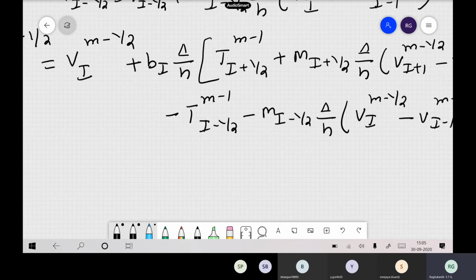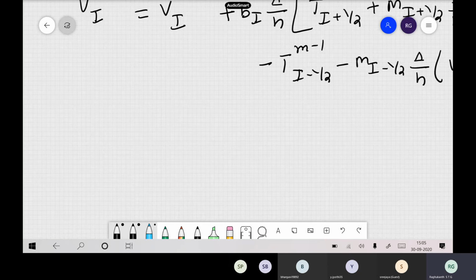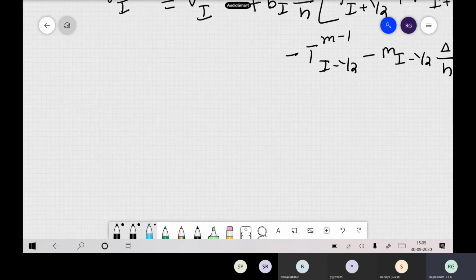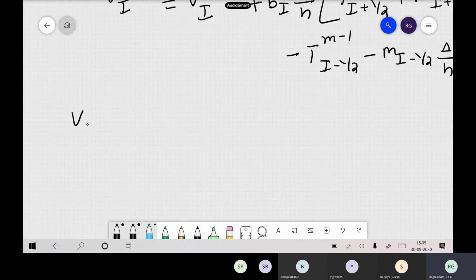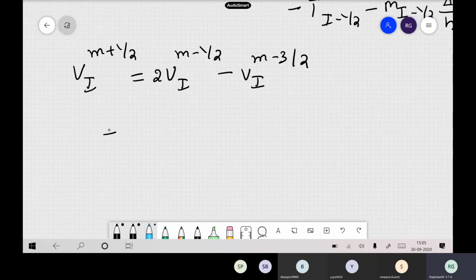Now you can do some algebra and maybe simplify these expressions. You can make use of the simplification. I think the final expressions you can write in a simple format. You can do some alterations here and there. So V_i, okay, so 2V_i, so m minus 3 by 2, you can substitute. Then you can write some nice one.